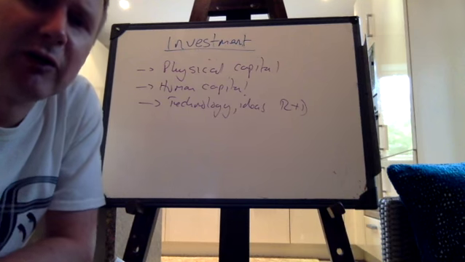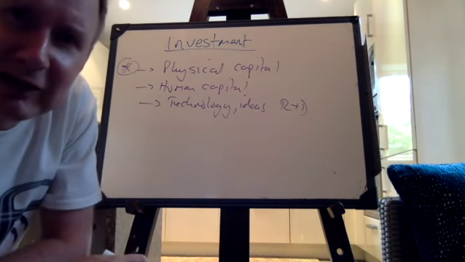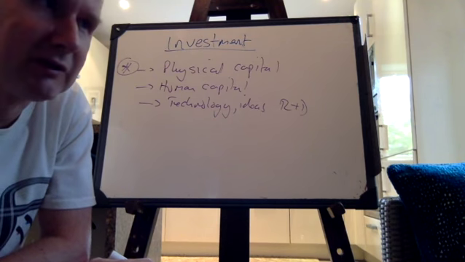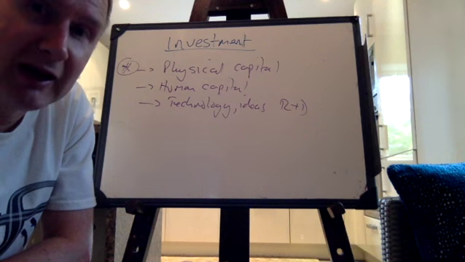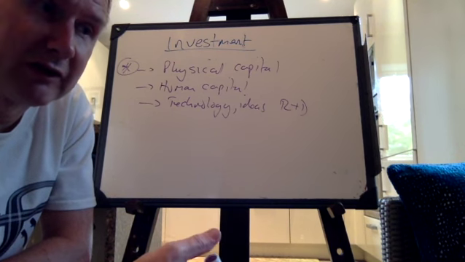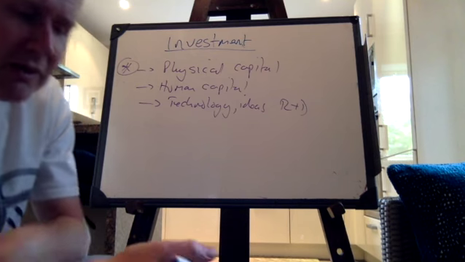And they're all investment, but particularly at the start, when you're thinking about investment, think about a new IT system. Think about a new head office. That's the sort of thing that we're talking about when we mean investment.